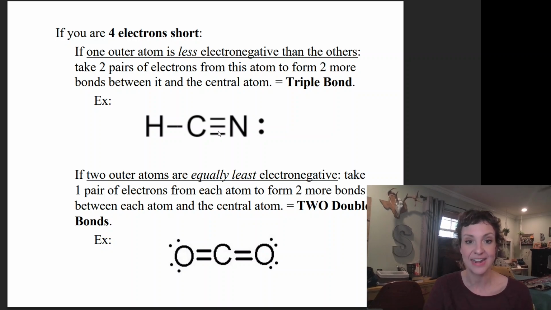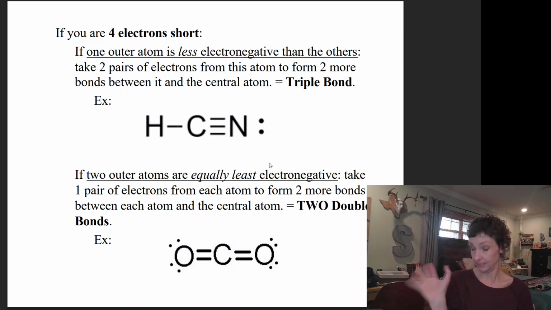So looking at that, now my carbon is satisfied because he's got 4 bond lines connecting to him, or 8 valence electrons. And my nitrogen, y'all, he's still satisfied. He's just got 2 dots and then 3 shared pairs of electrons, so he's cool with 8. So that's what happens if I'm 4 electrons short and there's one outer atom who is less electronegative than the other one. I make a triple bond.